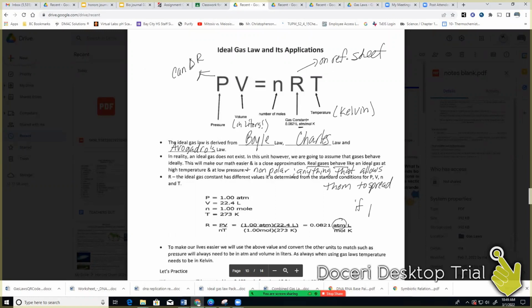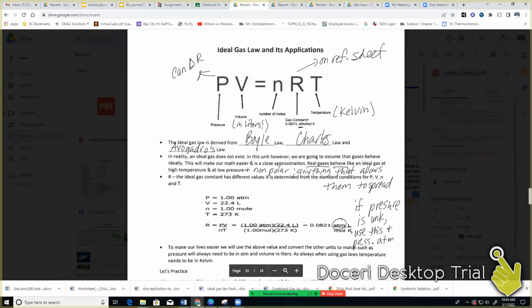So if pressure is your unknown, if that's what you're trying to find, you would use this, and pressure units would be in atmospheres. And we'll look at an example of that.